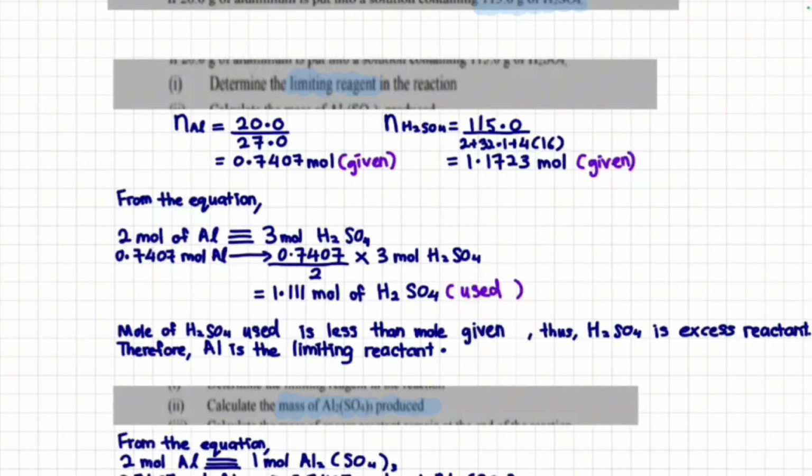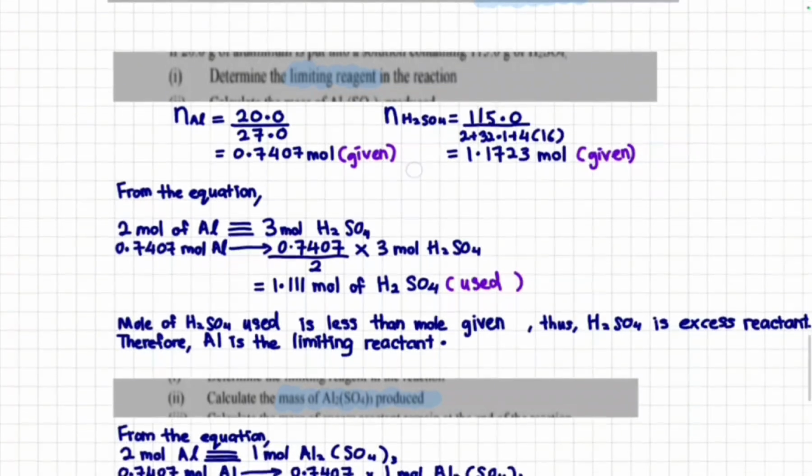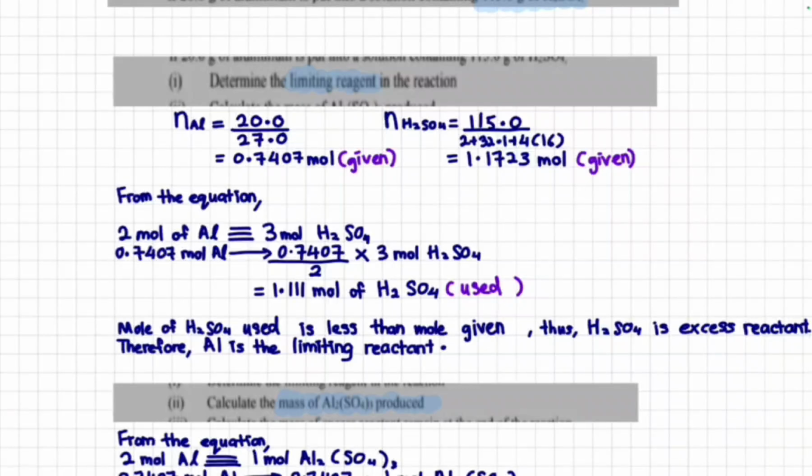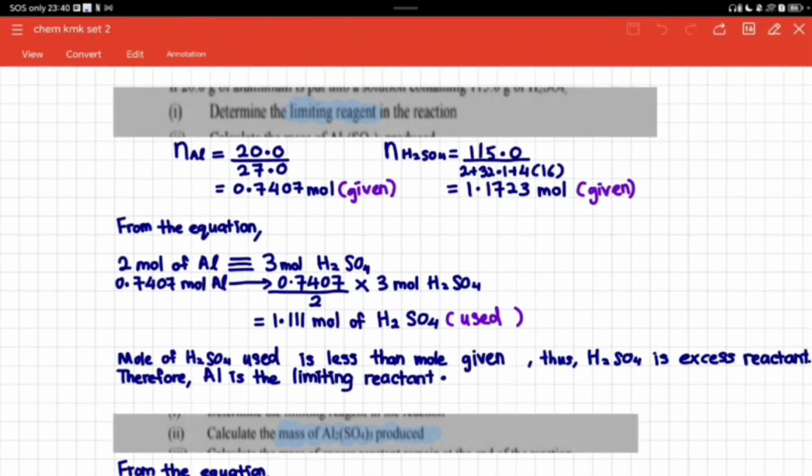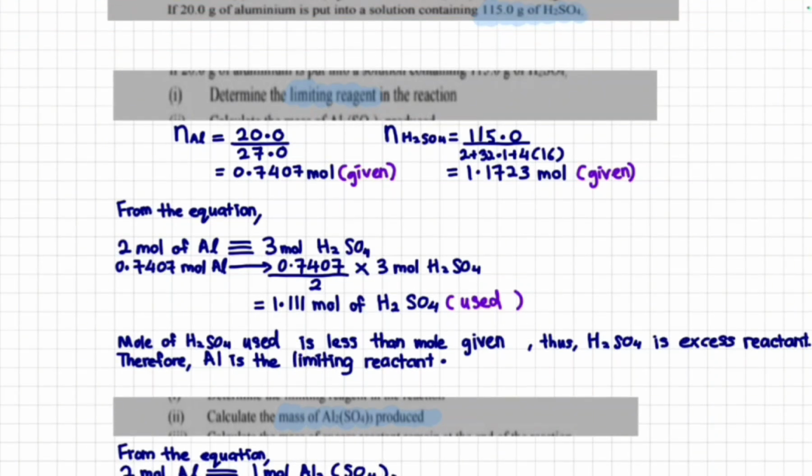So 0.7407 moles of Al from the calculation that we did just now, times 3 moles of sulfuric acid, divided by 2 moles of aluminium. Then we get the number of moles of H2SO4 used. Now, as we can see, the number of moles given for sulfuric acid is more than the number of moles used for sulfuric acid.